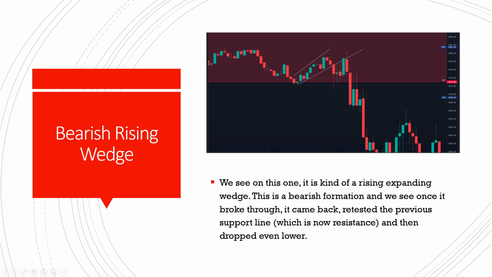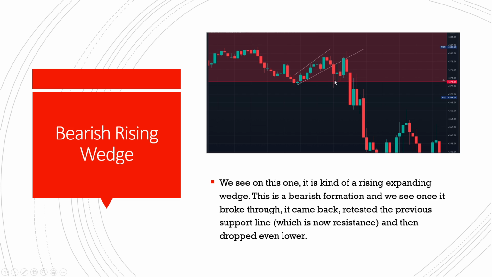So now let's look at a bearish rising wedge. So you see how these support and trend lines are expanding, right? So here we have a resistance line. I just connected this high, right? The high of this candle and the high of this candle. Created our little resistance line, and then I connected this and this, created our support line, right?